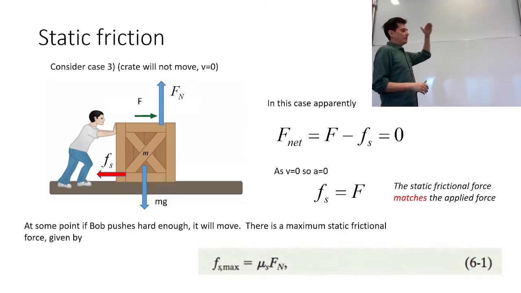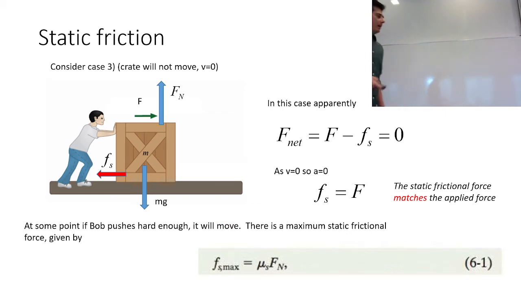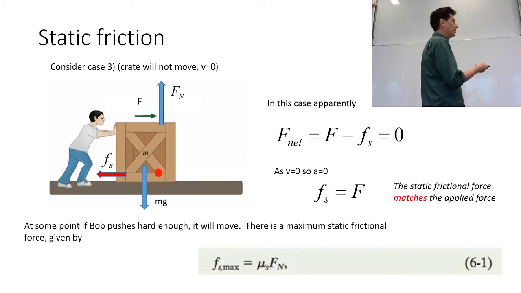That breaking point is what we have in this formula here. This is the maximum static frictional force. The way you work that out is that there's a coefficient, some number between 0 and 1, and it's that times the normal force acting on the object. If this thing is on flat ground, the normal force is just equal to mg.